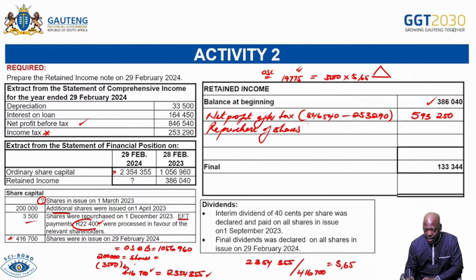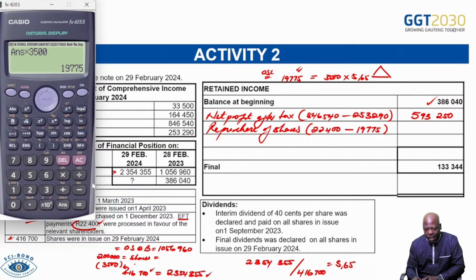So on my repurchase of shares, how much did we pay? We paid 22,400. What was the average price? It was 19,775. How much then was it above the average price? I will simply get the difference: 19,775 minus 22,400, which gives me a negative 2,625.